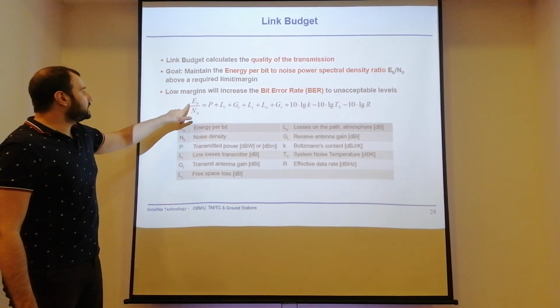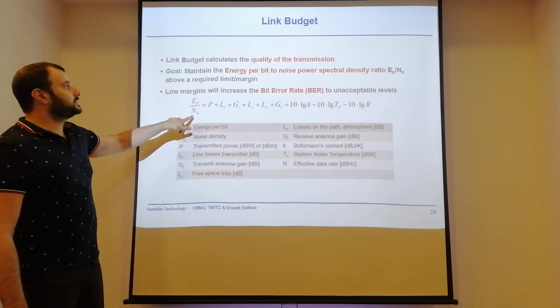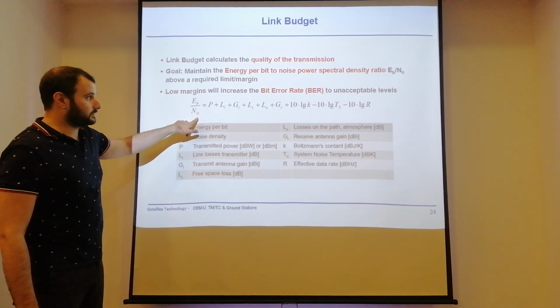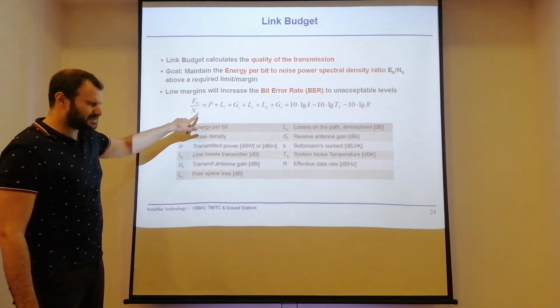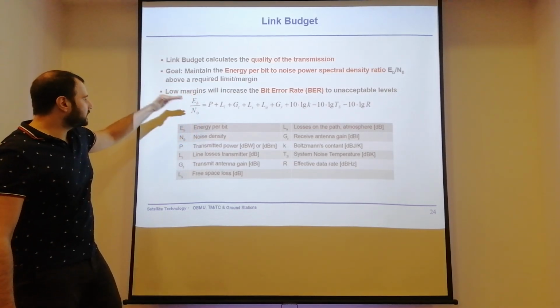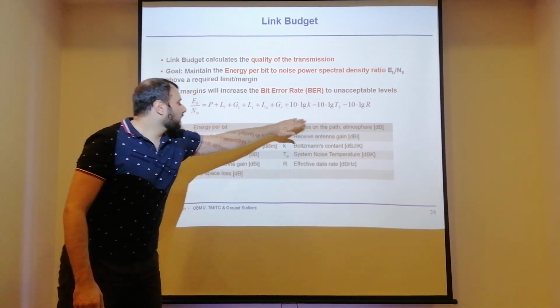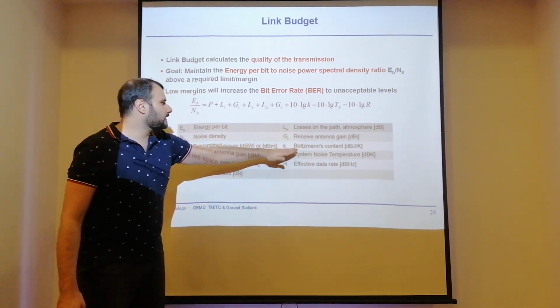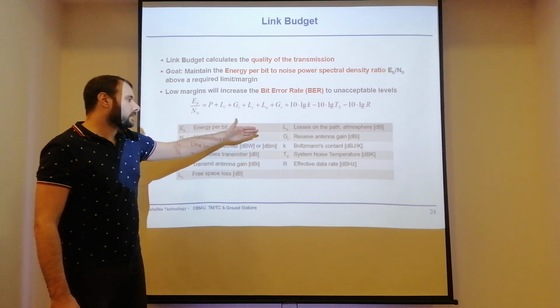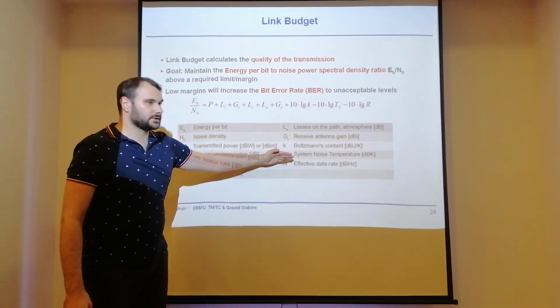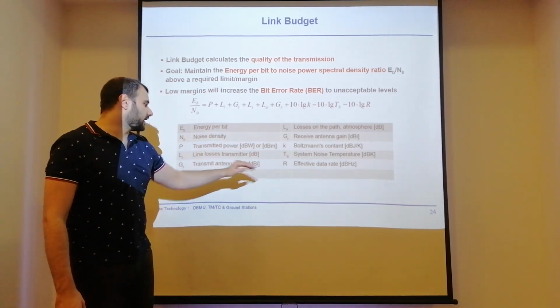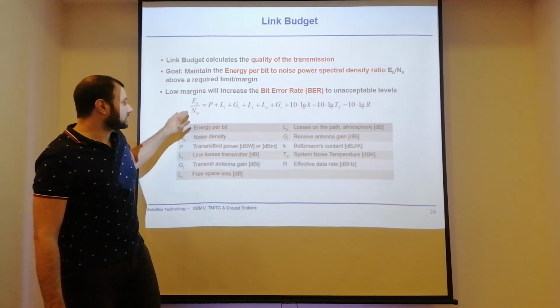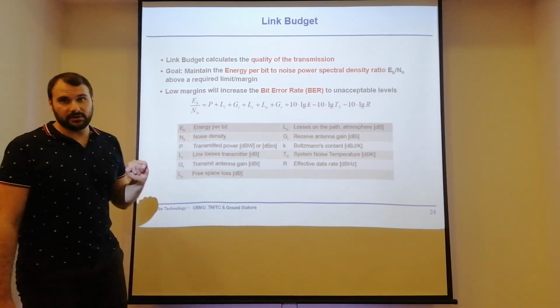And your Eb/N0, your energy per bit to noise power spectral density ratio, can be calculated by this formula, where you account for all the losses you have on the path, the gains, and the system noise temperature. And of course, your effective data rate is also a factor, and then you can calculate your bit energy.